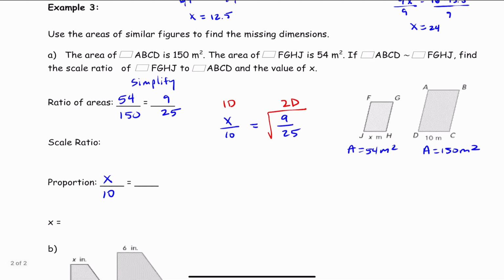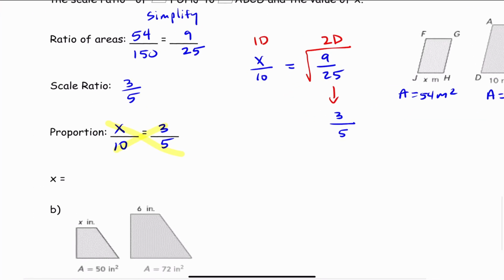So you have what? The square root of 9 is 3, and the square root of 25 is 5. So your scale ratio is 3 over 5. So x over 10 equals 3 over 5. Now, this is where you're going to apply your cross multiplication.